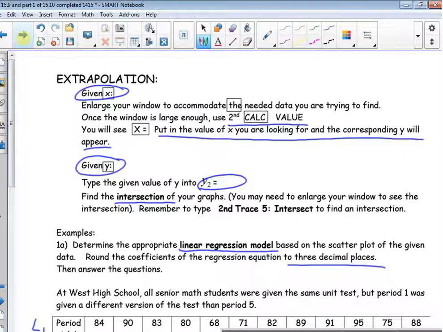So for extrapolation, if you're given the X, you enlarge your window, possibly to accommodate the needed data, and then you can do second trace value, which is also second calc value, and go X equals, type in the X value, and you'll get a Y. For finding the X, given a Y, you go to your window, your Y1 values, and you type in Y2, and you find intersections.